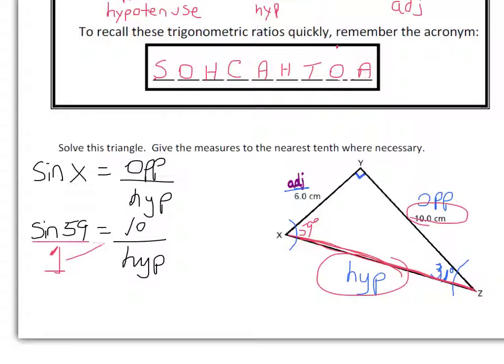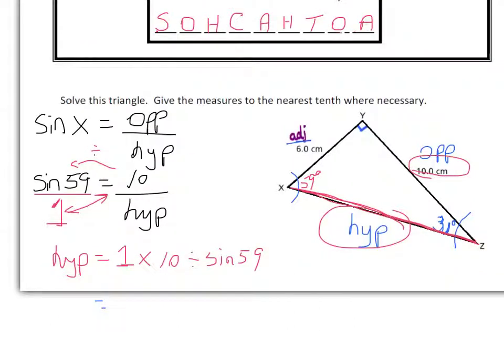So the two numbers across from each other get multiplied, and then the third number gets divided. So the hypotenuse equals 1 times 10 divided by sine 59 using cross multiplication, which gives us 11.7 centimeters.